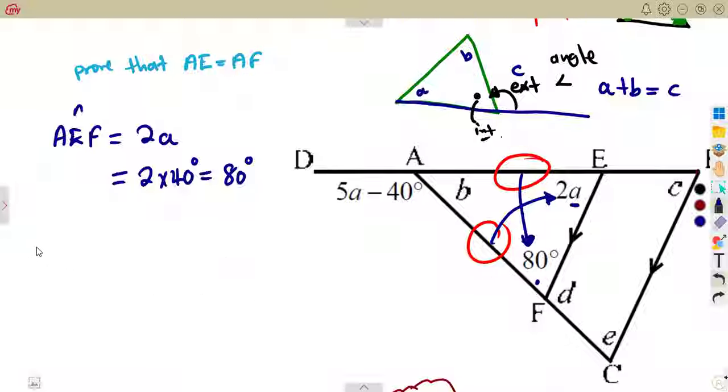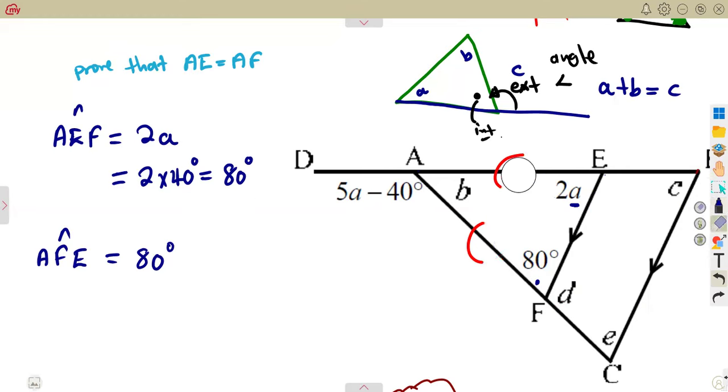Already here, we are given angle AFE, which is 80 degrees. We have this angle. Guys, these two angles are equal, both having an angle of 80 degrees.